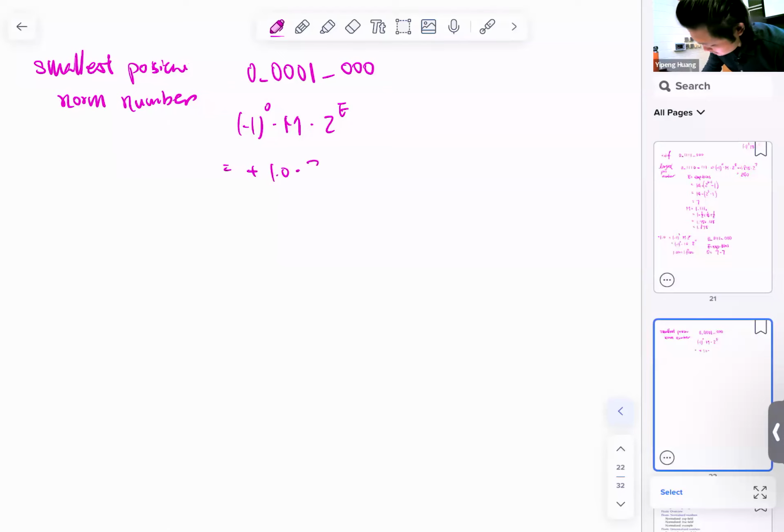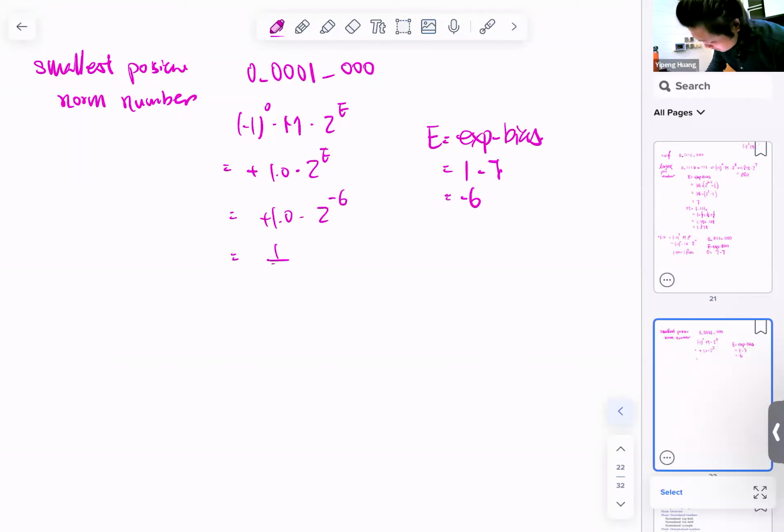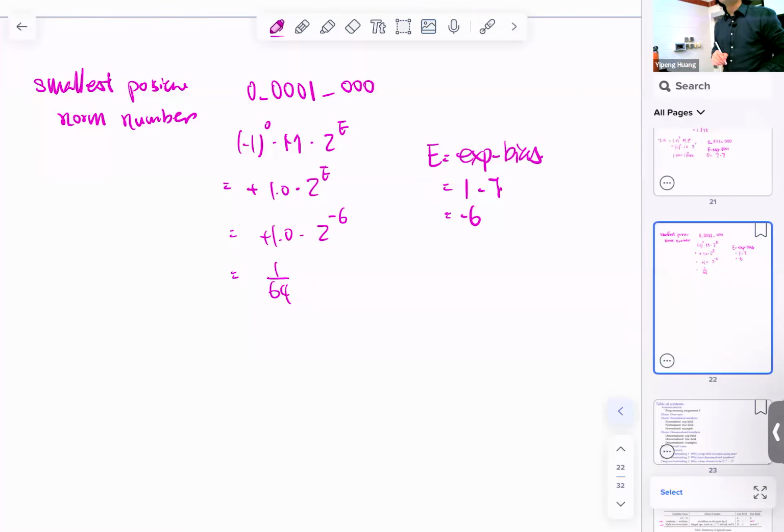Now we're curious what E is going to be. The rule for E in the normalized number system is EXP field minus bias. So that's 1 minus the bias, which is 7, so minus 6. So this is plus 1 times 2 to the minus 6. In other words, it's 1 in 64. I don't know what the decimal representation of that is, but it's 1 in 64.